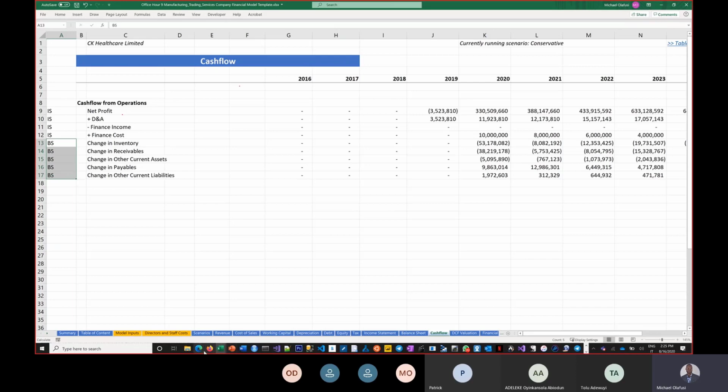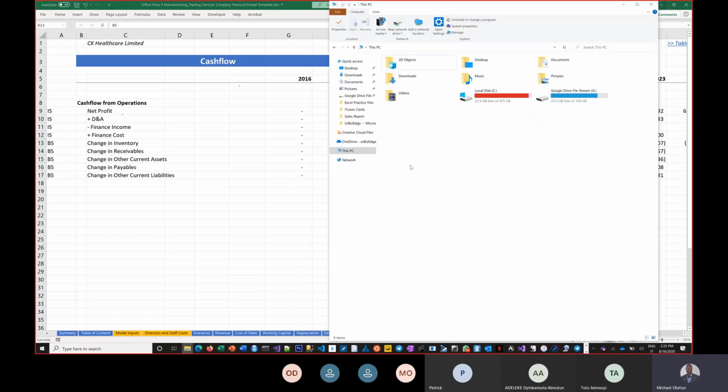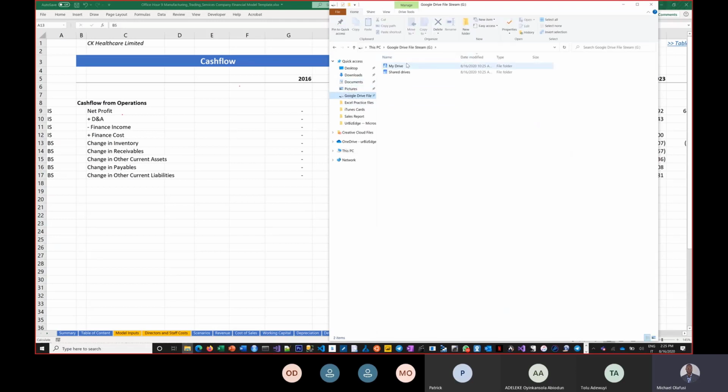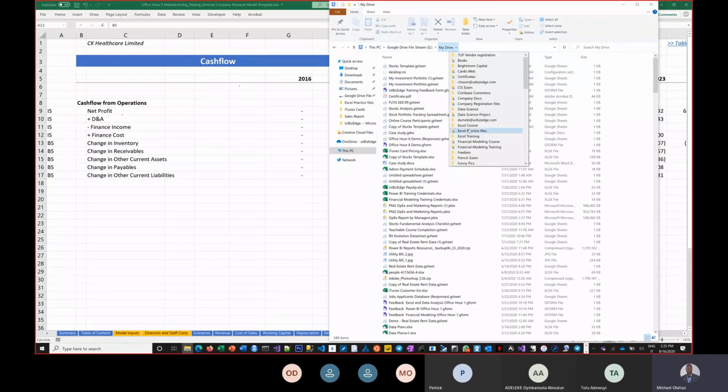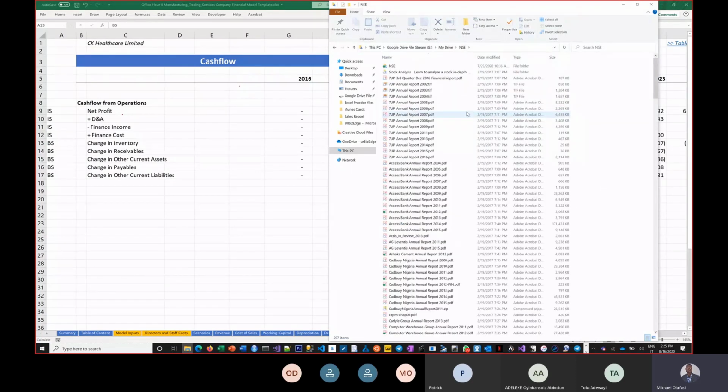I'm going to open for you a live financial statement of a company on the stock exchange. I'm just going to pick any company, and then you will notice that there's still one more aspect that is being reflected that we now have to reflect in our model.